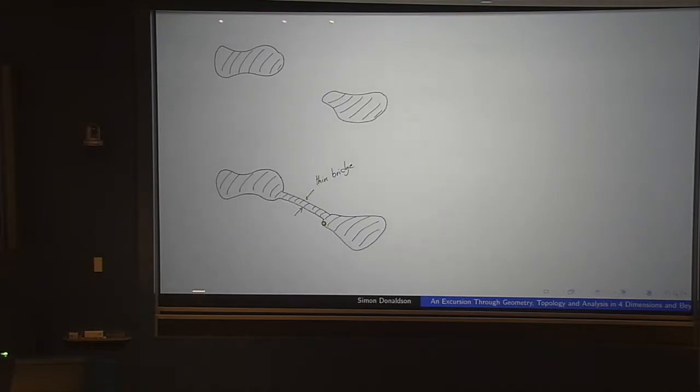I should have made it a bit thinner in the picture, like that. And then you can prove that there exists a solution for this bridged surface, which is made up essentially of the solutions that you started with, joined by something flat along the bridge.